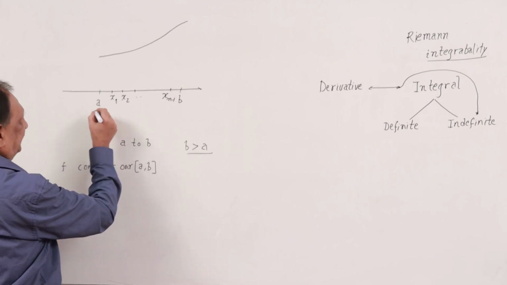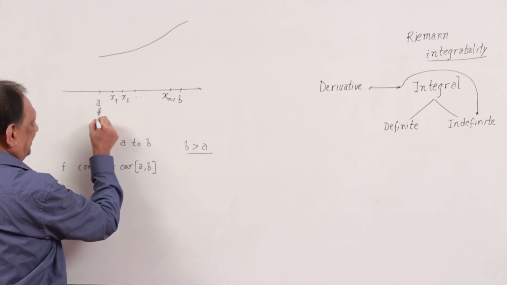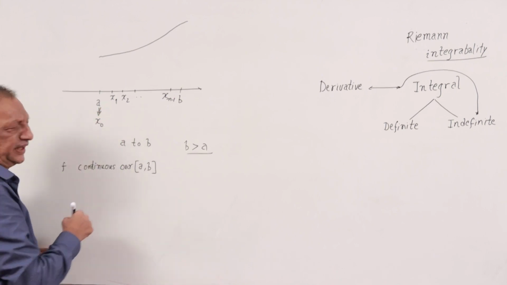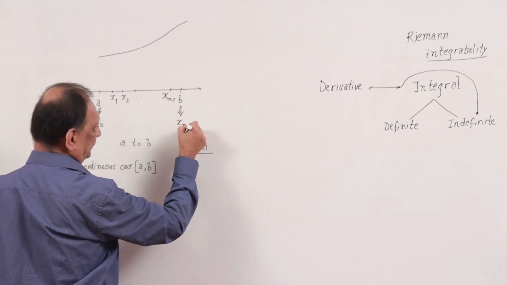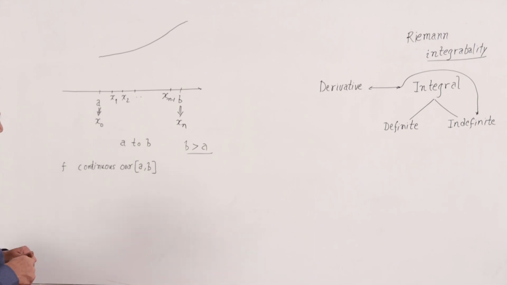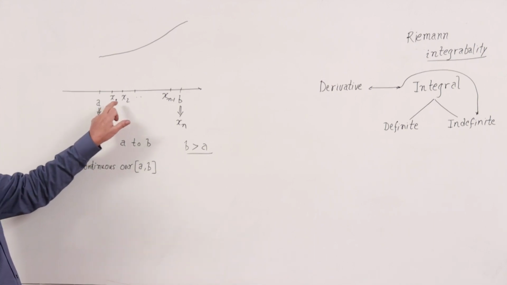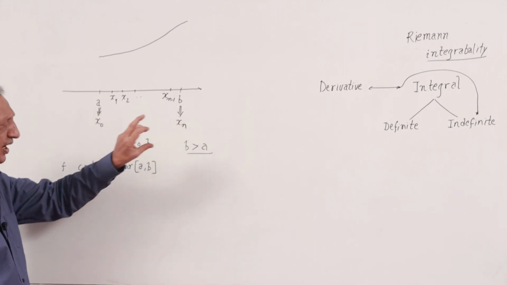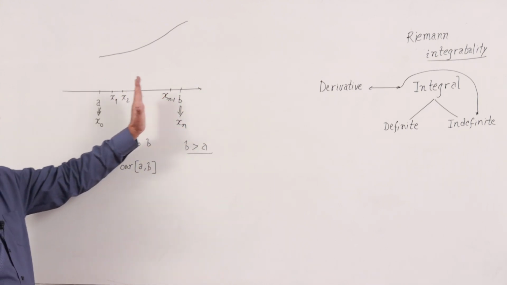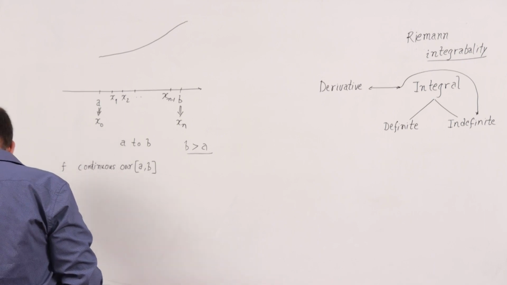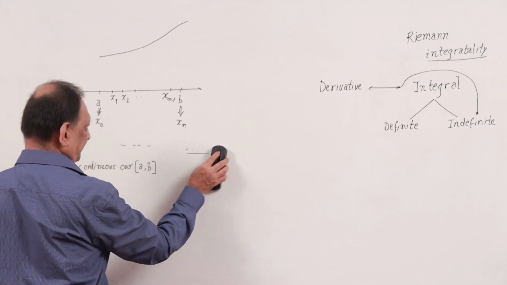I also have x0 which is the same as a, and I also have xn which is the same as b. So I have these points x0, x1, x2, x3, up to xn minus 1, xn, where x0 is the same as a, xn is the same as b, and all others are in between, with a definite inequality.